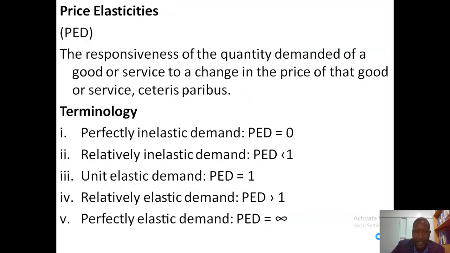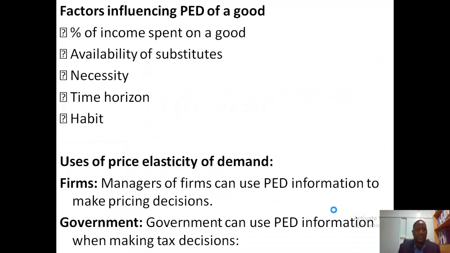Back to our original page, let's look at some factors that influence price elasticity of demand for a good. The following are some of the factors that influence PED of a particular good. Number 1 is the percentage of income spent on a particular good. If you are spending a smaller percentage of income on a good, its PED is inelastic.